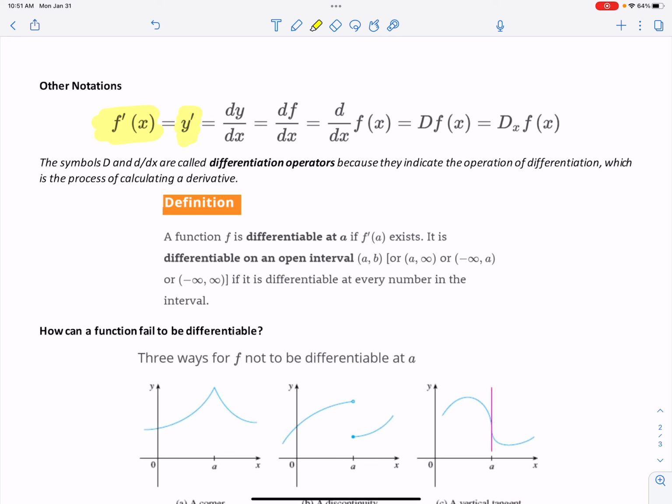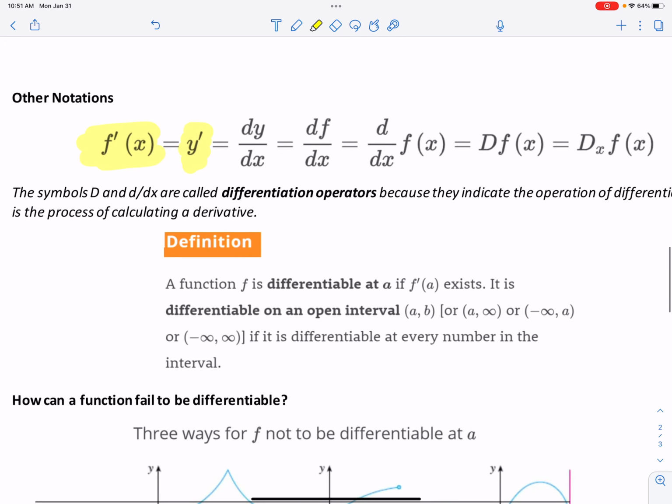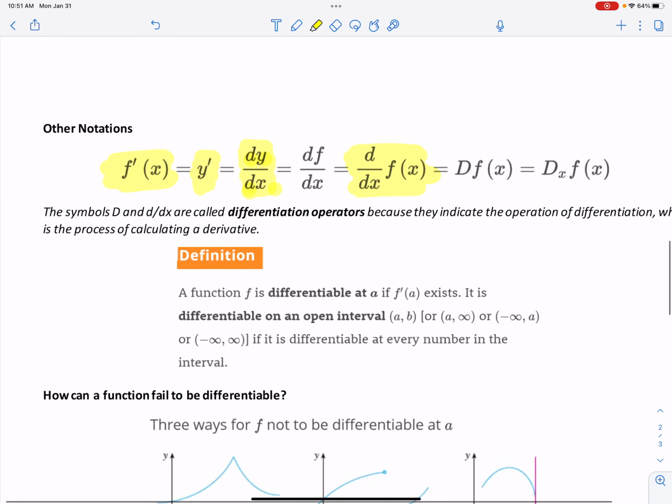That also means derivative. I don't really use dy dx a lot, but that's another way to say derivative. In fact, it means the derivative of y with respect to x. That's technically what it means, okay? I never see this one, that's for sure, but I guess you could also see it. This one, you might see the derivative of this function f of x with respect to x, meaning x is the variable they're going to use.